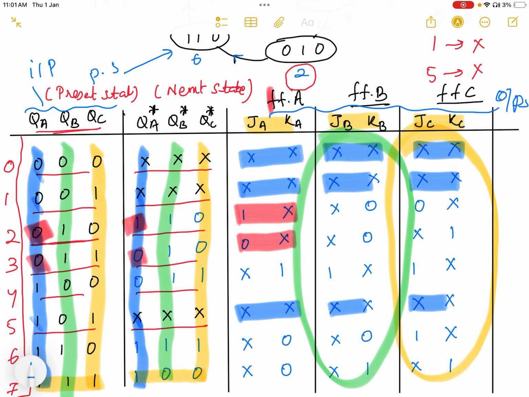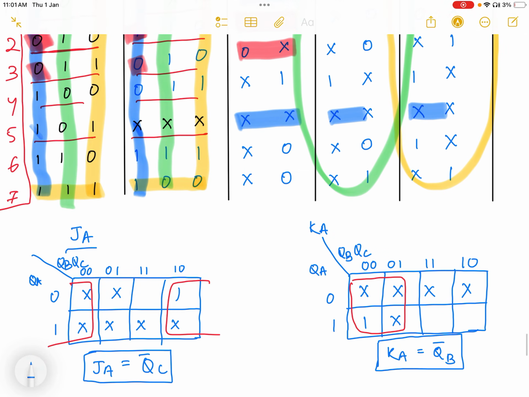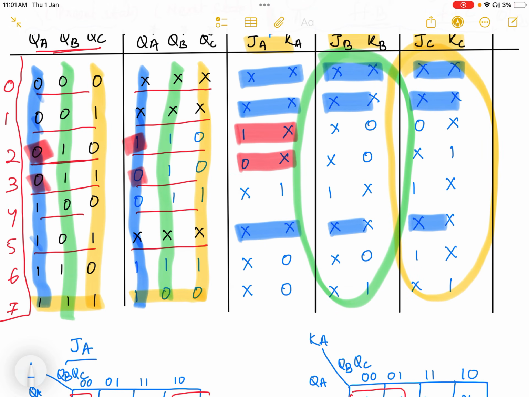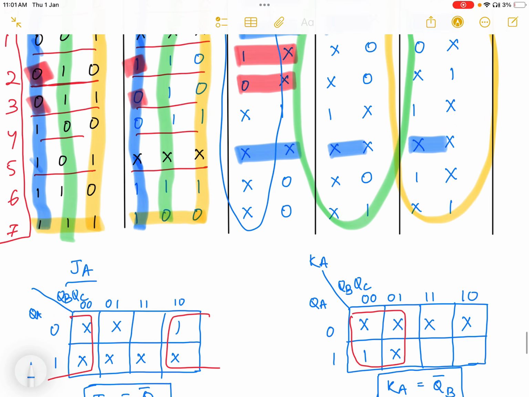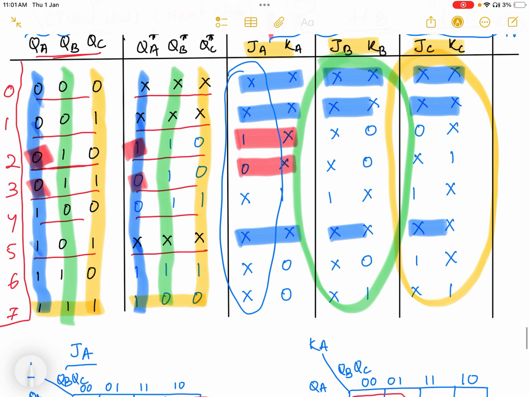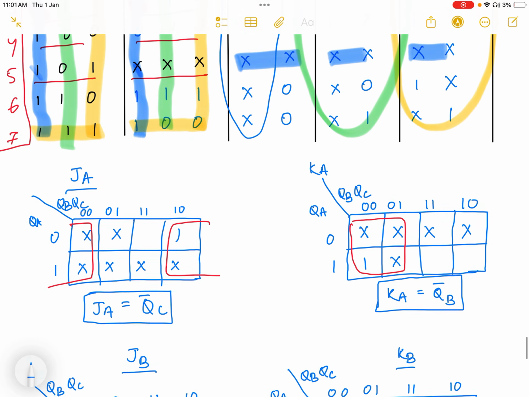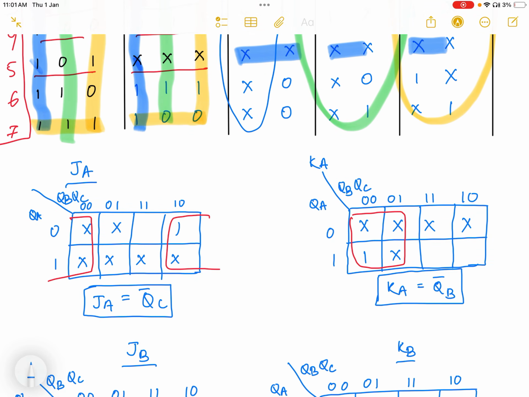Now for 6 outputs I can draw 6 K-maps. First I take JA, and the inputs will be QA, QB, QC. I wrote the K-map, and after pairing I get JA equal to QC bar.